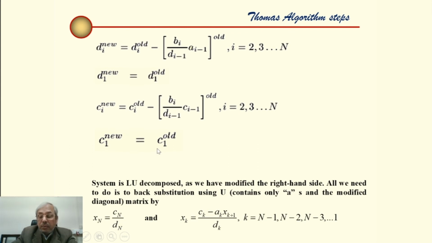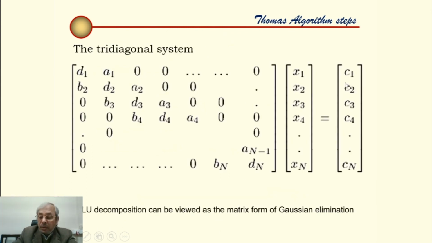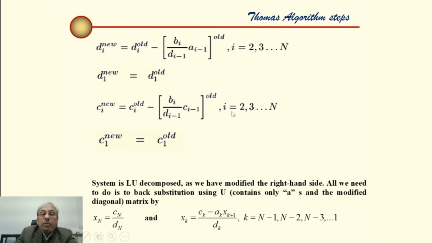Similarly, c1 new is also c1 old, but ci new equals ci old minus bi divided by di minus 1 into ci minus 1 old. So here also c1 remains as c1 old, but from 2 to n the ci values change this way, where the ci minus 1 is the most recent value available.